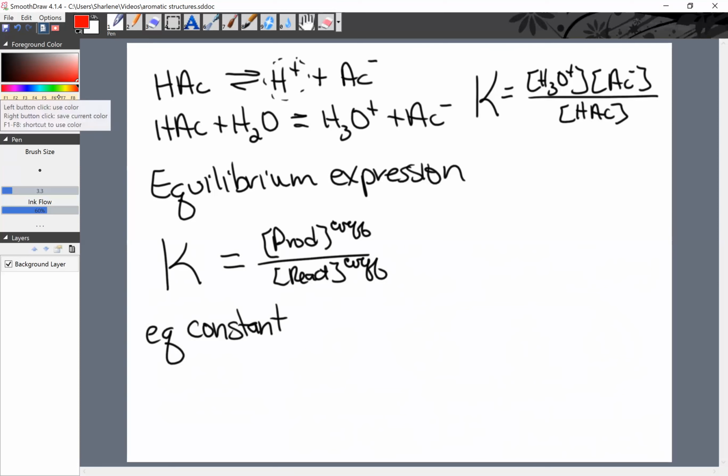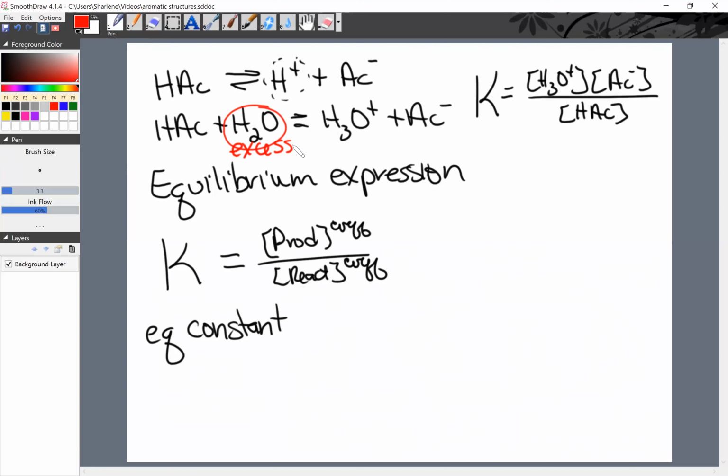I want you to notice I did not include the water. Equilibrium implies that you can go in the forward and the reverse direction, and any pure liquids are assumed to be so much in excess that they are not going to affect the overall equilibrium constant.